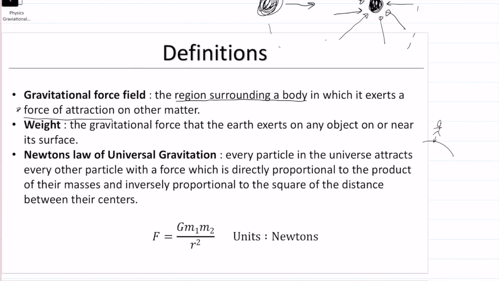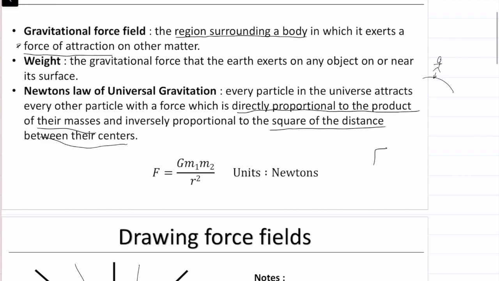So every particle in the universe attracts every other particle with a force that is directly proportional to the product of their masses and inversely proportional to the squared distance between their centers. So what we're saying is that the force is directly proportional to the product of their masses, m1 m2, and inversely proportional to the square of the distance between their centers.